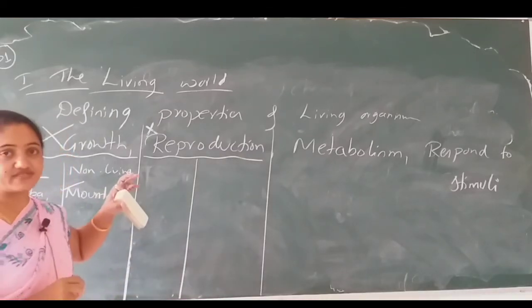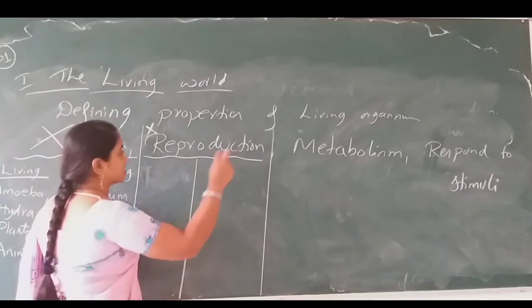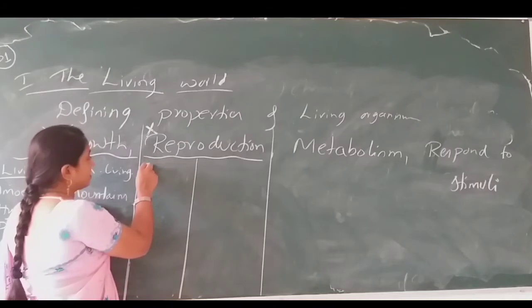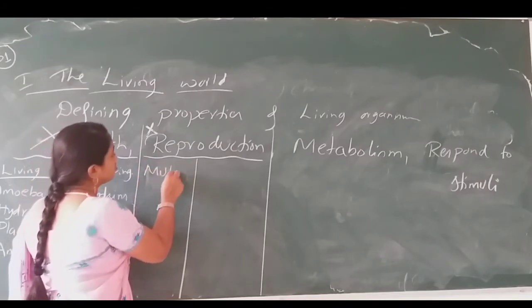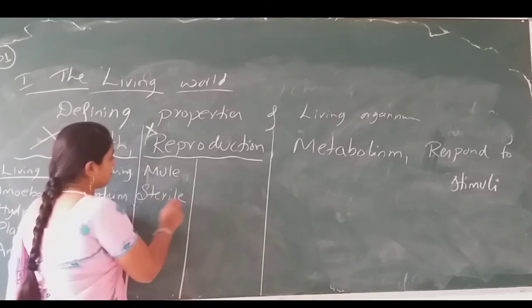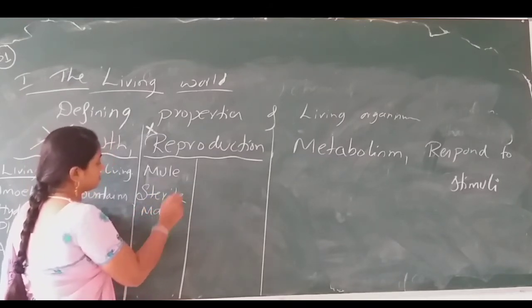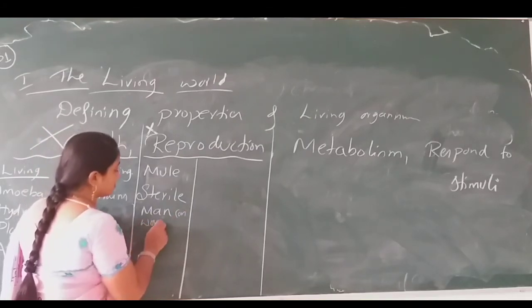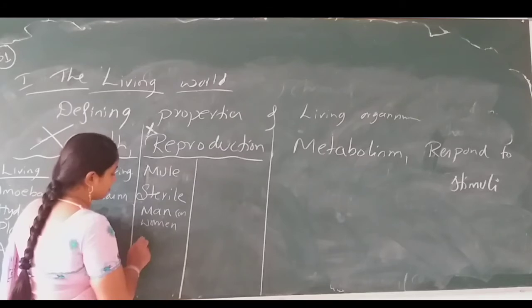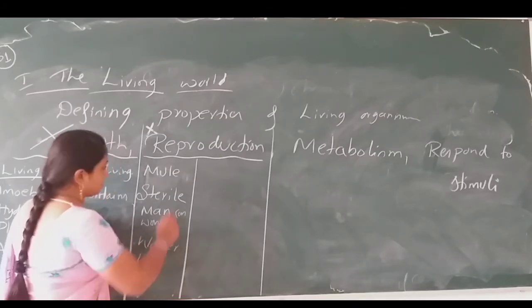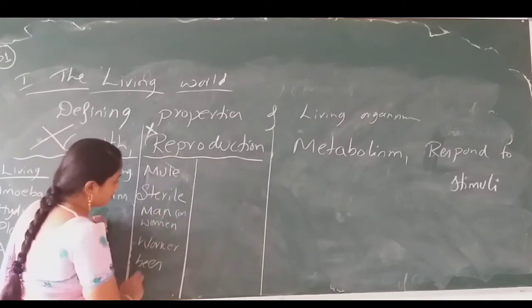How? We have to give an explanation for this. Like the mule, the sterile man or woman, the worker bees, they do not reproduce.